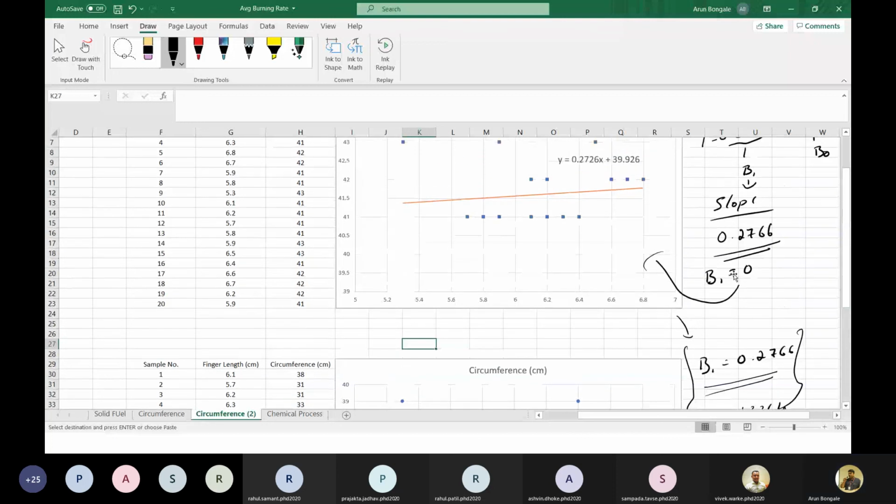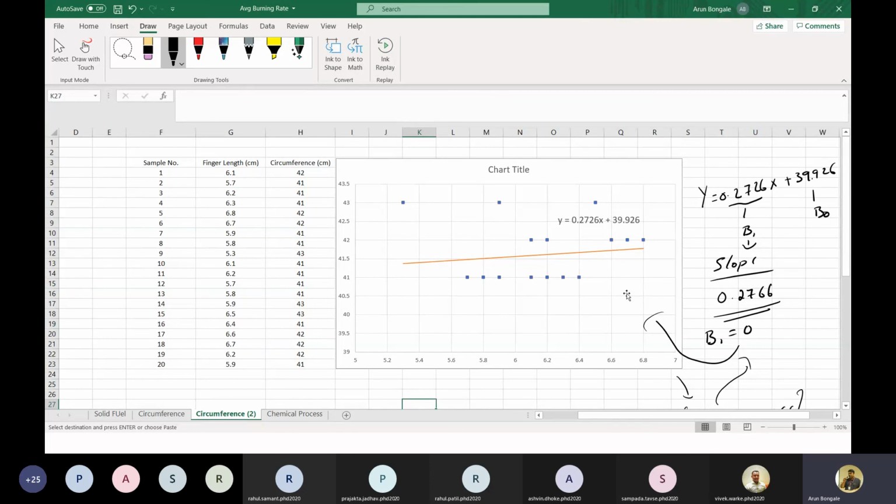This will say that you need to accept the null hypothesis, right? So it can never be equal to 0 because of so many errors associated. And how do you fit the line? You have so much variation in the values, so that's why you cannot have the value of the slope equal to 0. It is not possible at all.